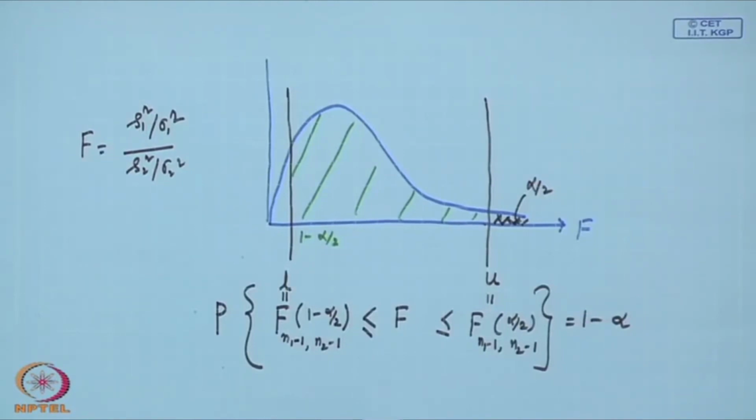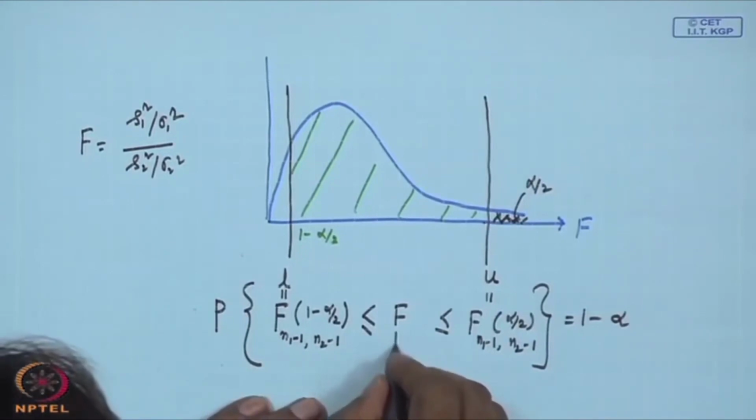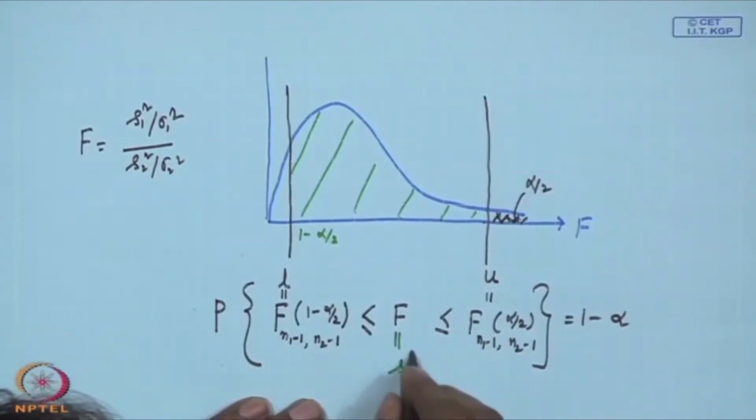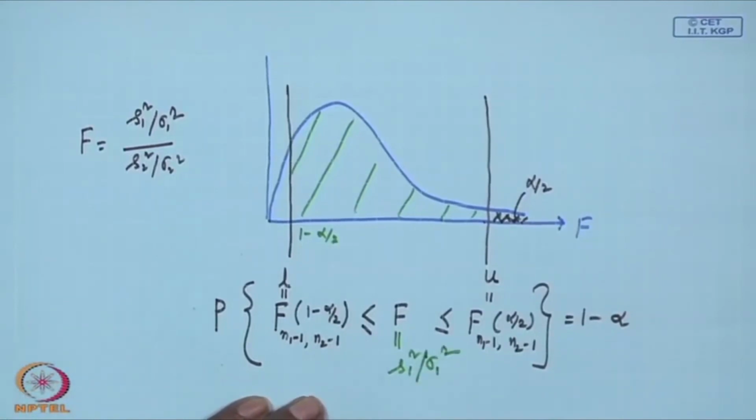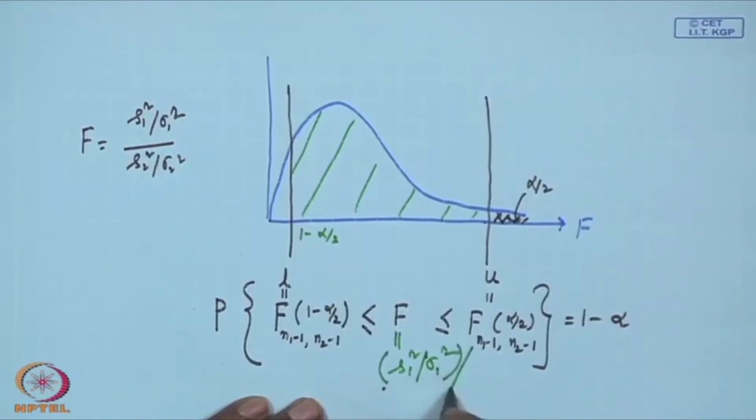Now, instead of F, you write down S1 square by sigma 1 square divided by S2 square by sigma 2 square.